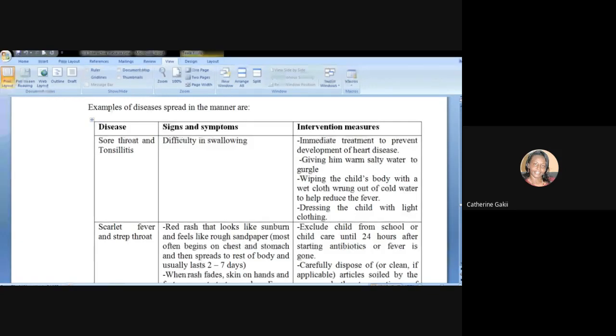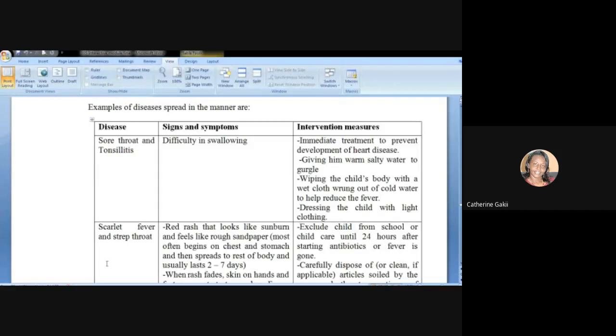The best option even is to remove all the child's clothes, and the temperature will go down by itself normally. You can also give them paracetamol for that, either orally or through the anus. The one through the anus is a drug that is not given over the counter. You can only be given that in hospitals.